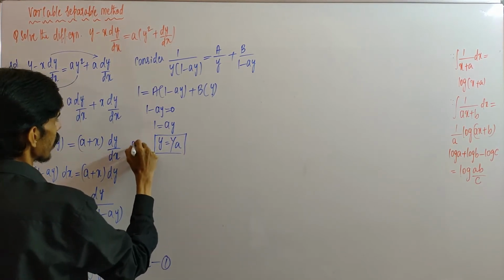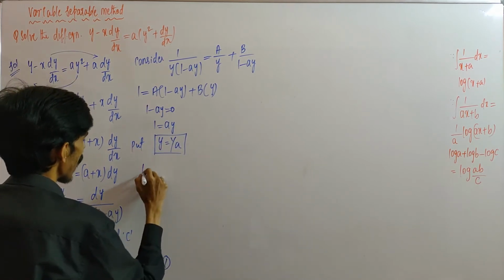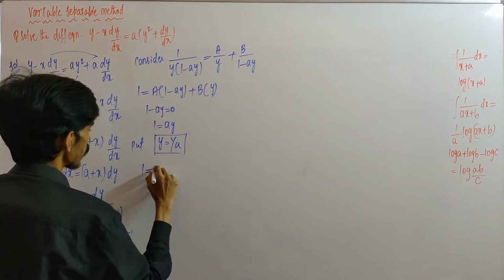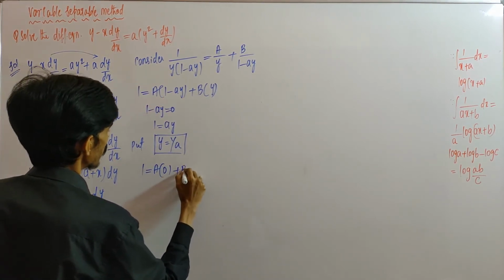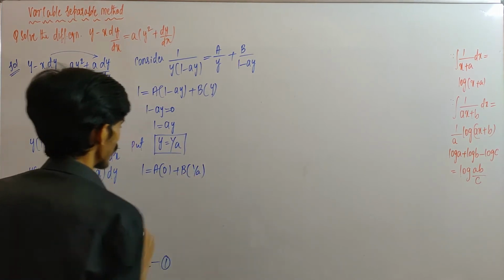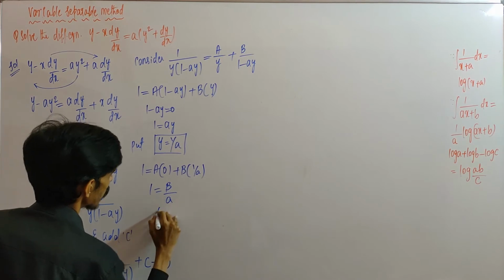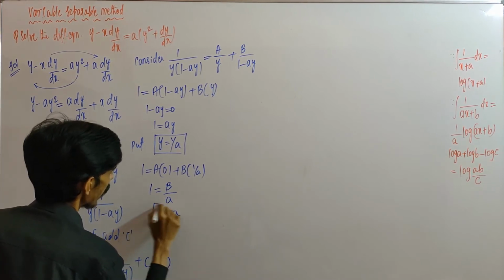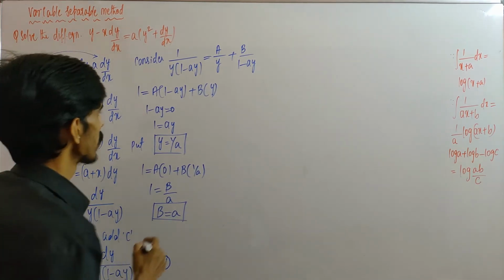So put y is equal to 1 by a here. Then we have 1 is equal to A into, this value is 0, plus B into the y value, 1 by a. From this, 1 is equal to B by a, so the B value is a. We got the unknown B in terms of a.